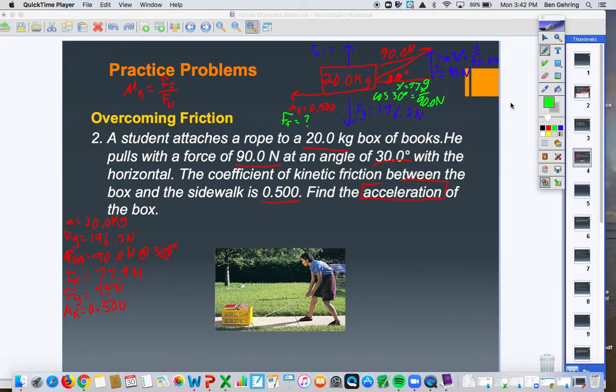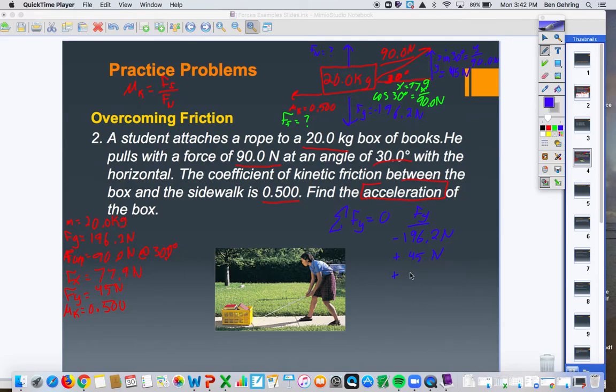Because of that, that means that my sum of the forces in the y direction has to equal 0. And so right now I know that gravity is pulling down, so I'm going to give this a negative sign, just so we have it negative. So my forces in the y direction are gravity, which is negative 196.2 newtons. I have a positive 45 newtons.